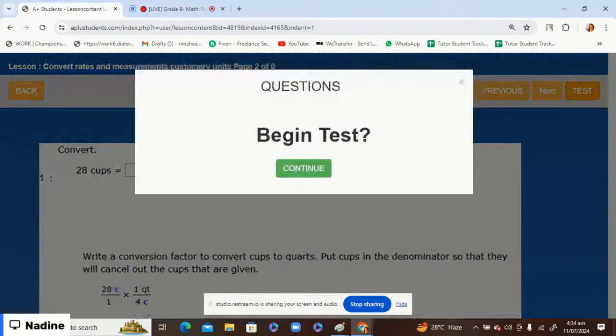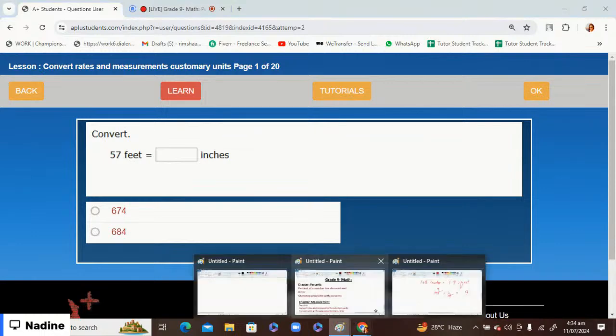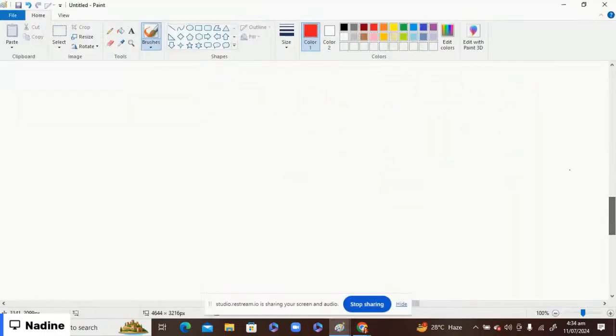Okay, let's check some test questions. 57 feet, how many inches? Just simply multiply 57 with 12. Got it? Because now the feet is given, that is 57. You are finding the inches, so multiply with 12.